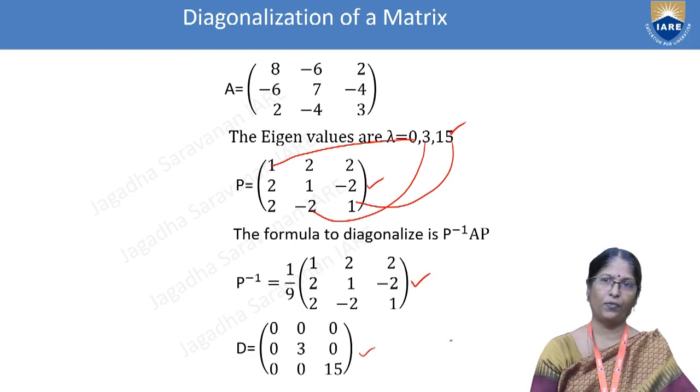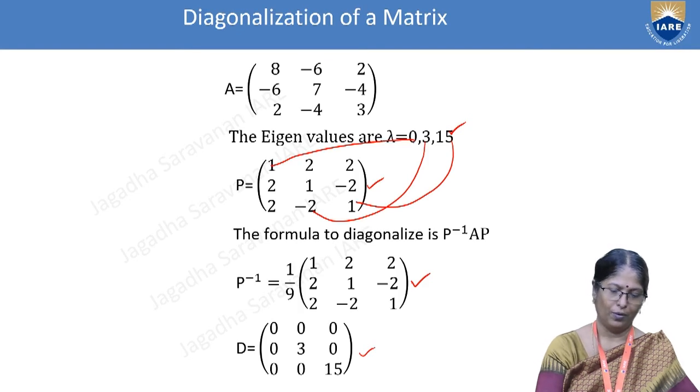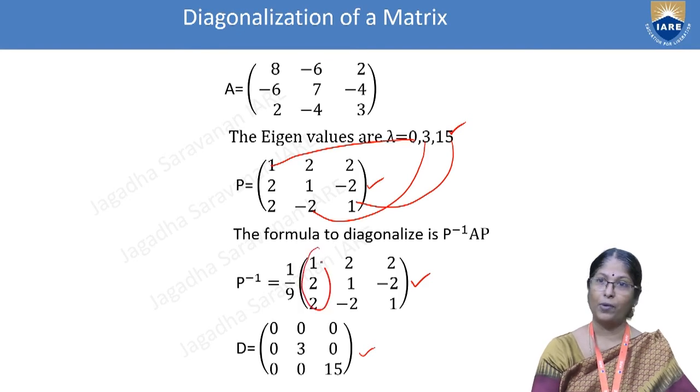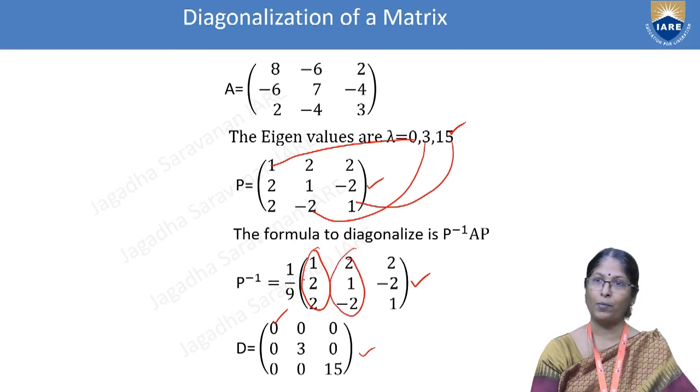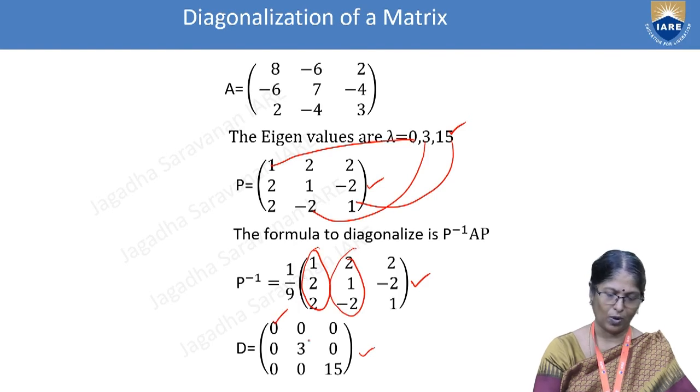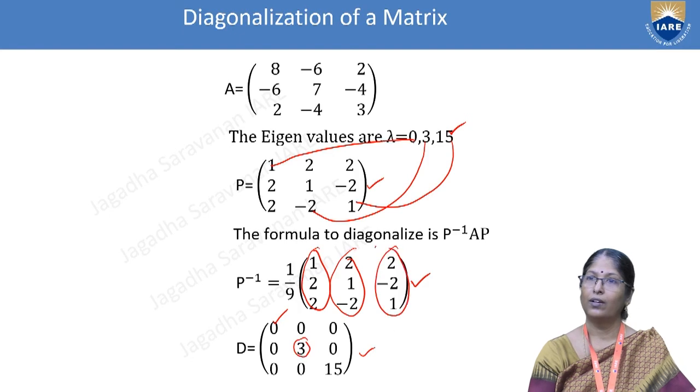What a beautiful concept here. You can see this is lambda equal to 0 eigenvector. While doing the diagonalization, the lambda value, while solving it, has come. Now, this is the eigenvector for lambda equal to 3. So, while solving, we got it here 3. This is eigenvector lambda equal to 15.